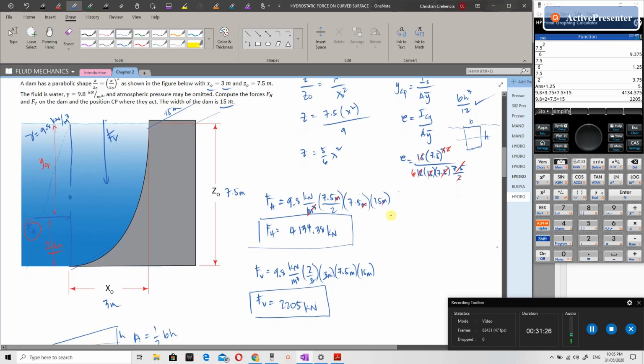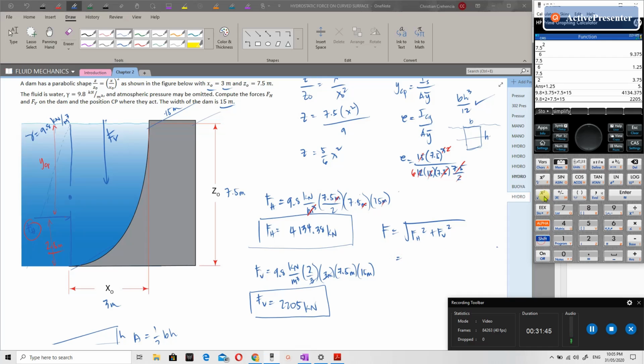Okay, so to solve for the total hydrostatic force F, so that is square root nung FH squared plus F sub V squared. So diretso ko na dito, square root of FH natin squared plus 2205.